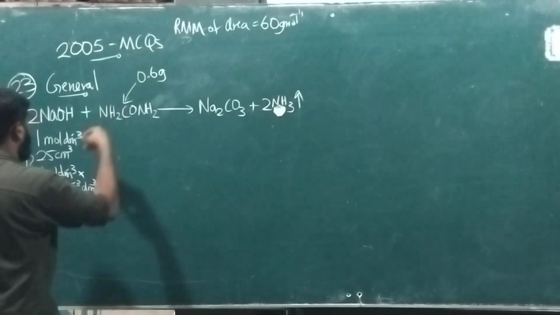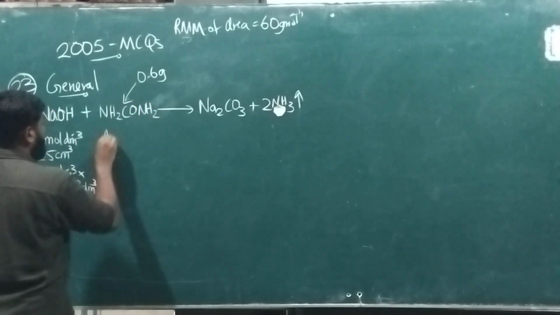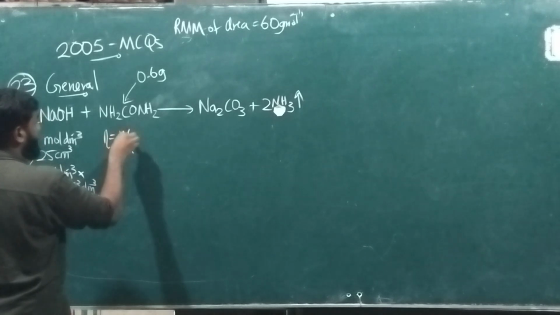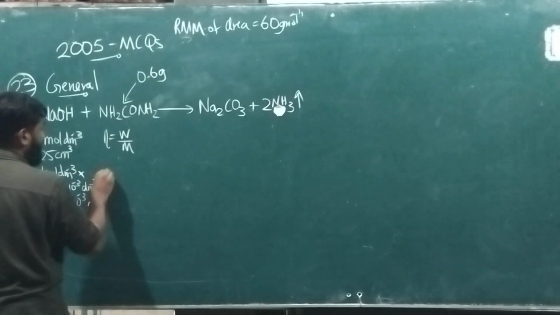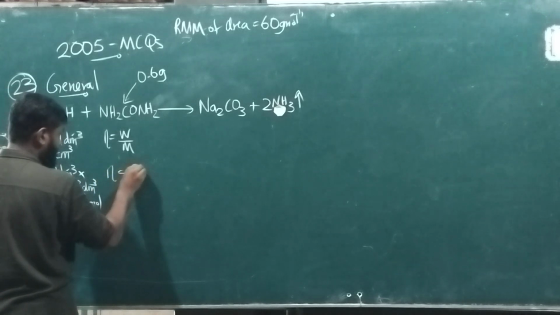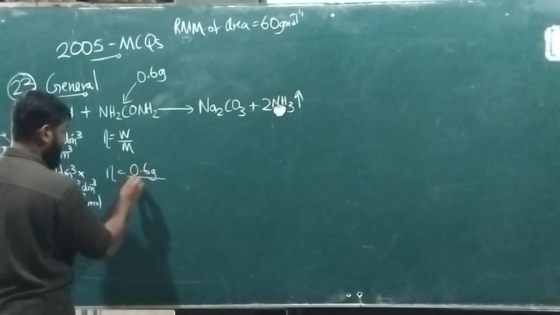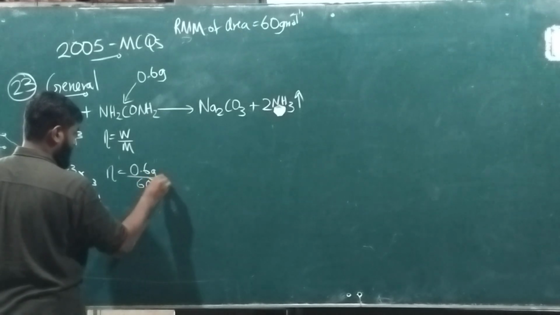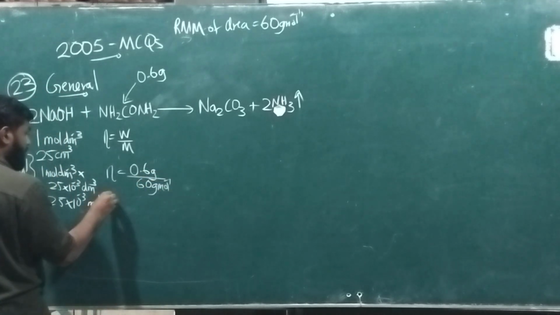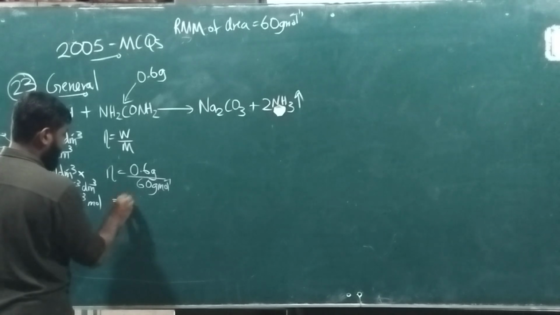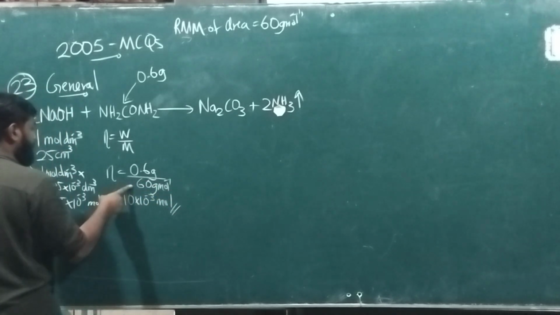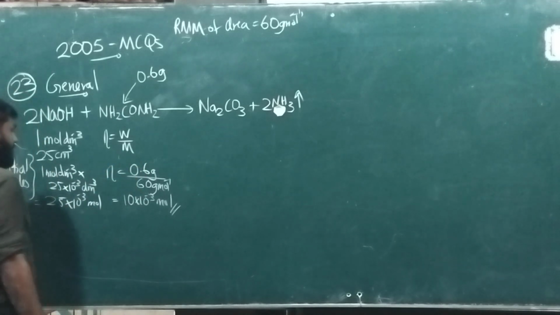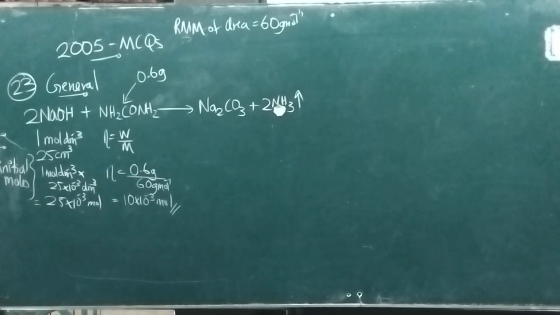Same way, here we have n = W over M, the given mass over the relative molecular mass. So n = 0.6 g divided by 60 g mol⁻¹, which is equal to 10 × 10⁻³ moles. Actually 0.01 that I have converted to 10⁻³. It will be better to solve the calculation here.